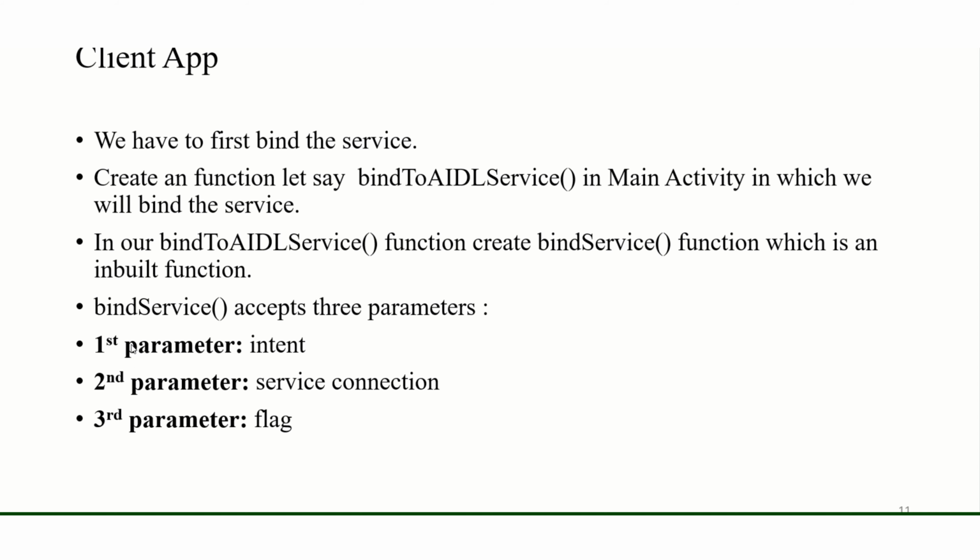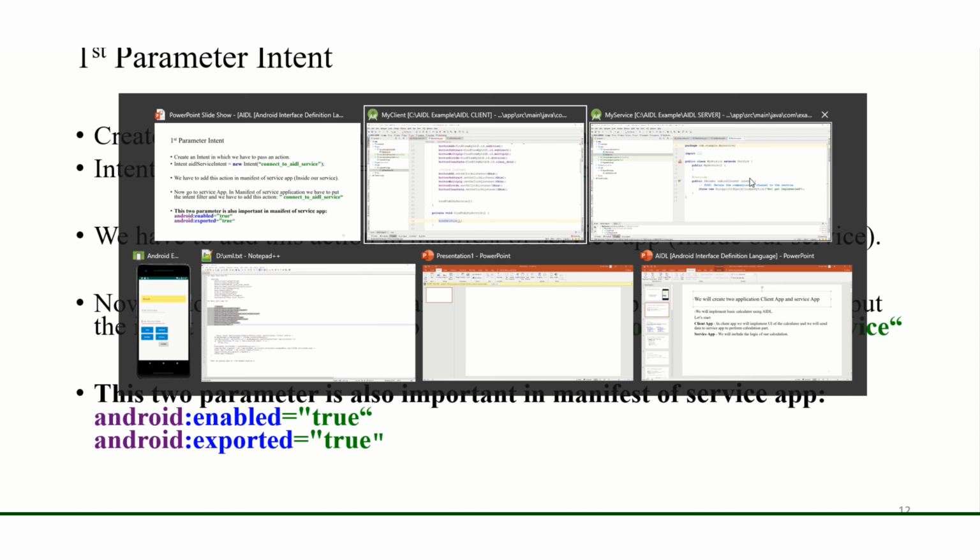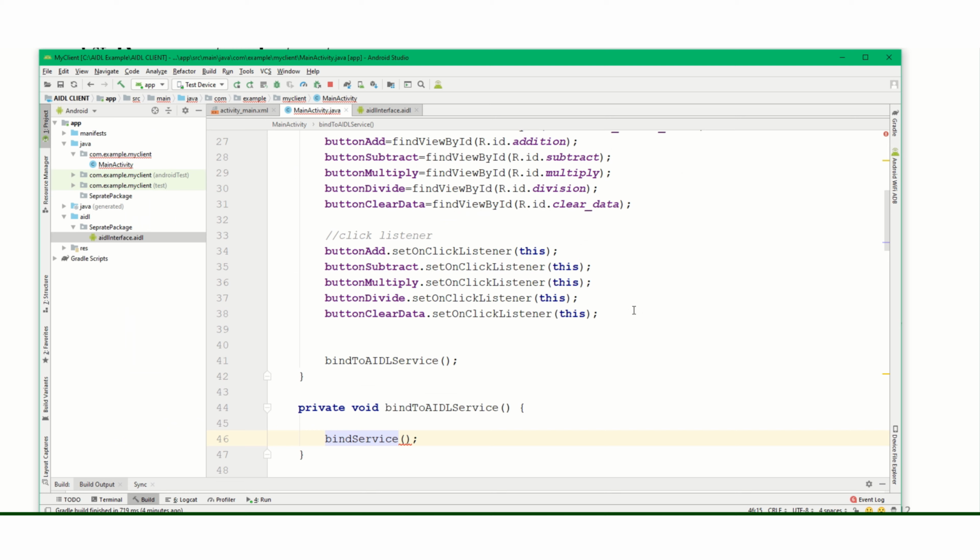So first one is intent. We have to create one new intent in which we have to pass an action. You can name it anything over here. I will name it as connect to AIDL service. So go back to our client tab.